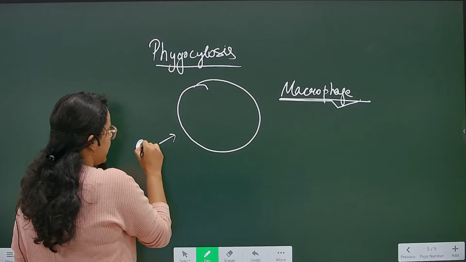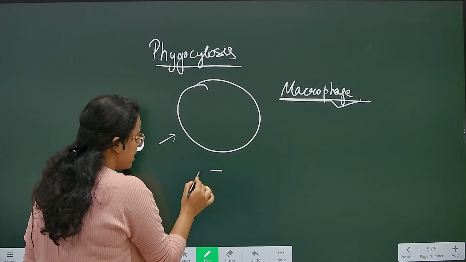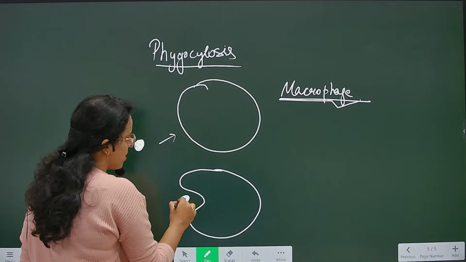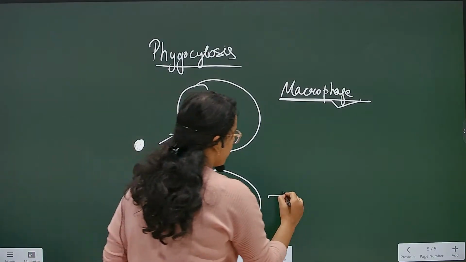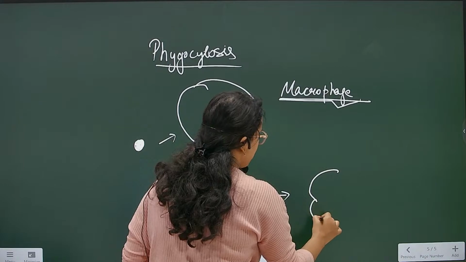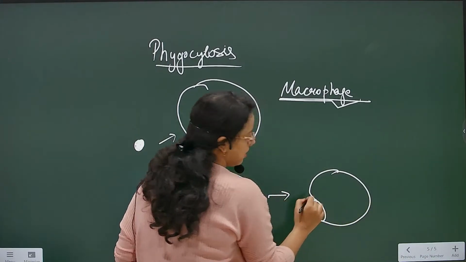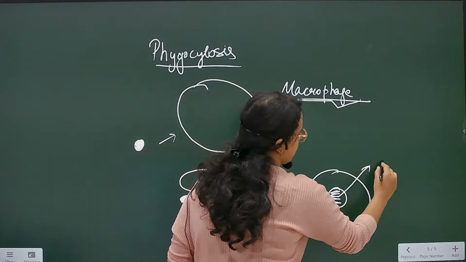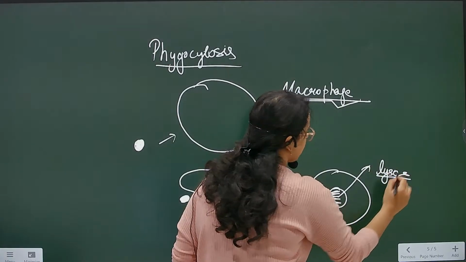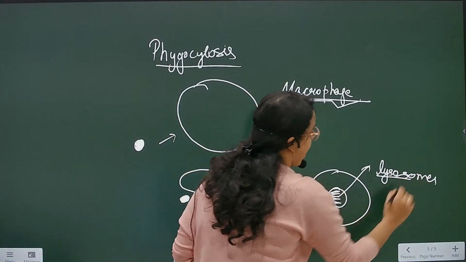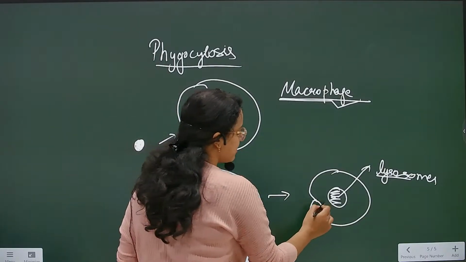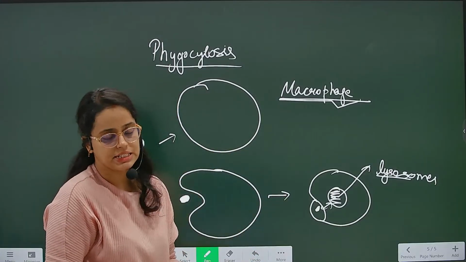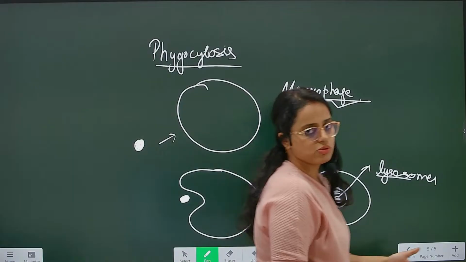They are very small, tiny structures. How do they engulf? By forming pseudopodia. They come close to the bacteria or viral particle, form pseudopodia and form a food vacuole, and the lysosomes bind with it. These lysosomes consist of hydrolytic enzymes, which bind with the vacuole and kill the bacteria. This is seen in amoeba also, right?